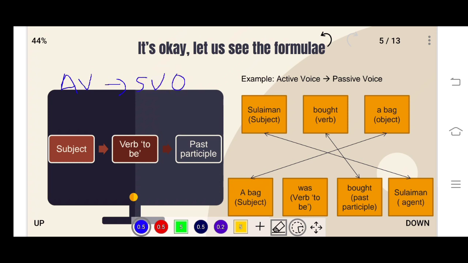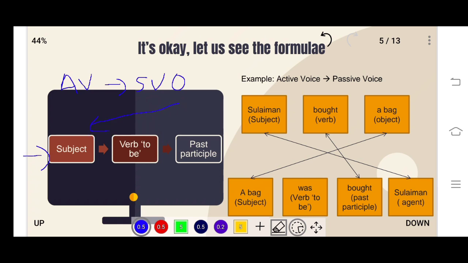But when we change that, we can see that the object is at the front and becomes the subject of the sentence. So this is the formula. Don't be confused. I wrote subject because in this formula the object at the front becomes the subject. So when the object becomes the subject in the passive voice, it must be at the front.